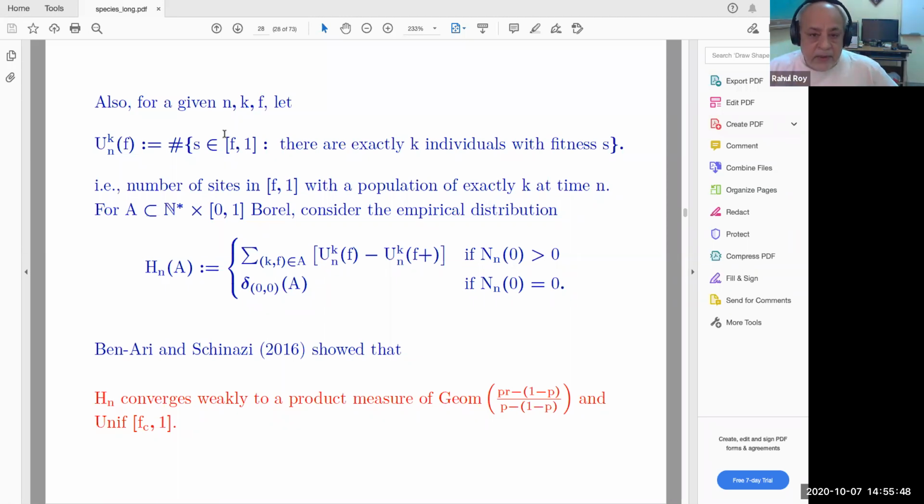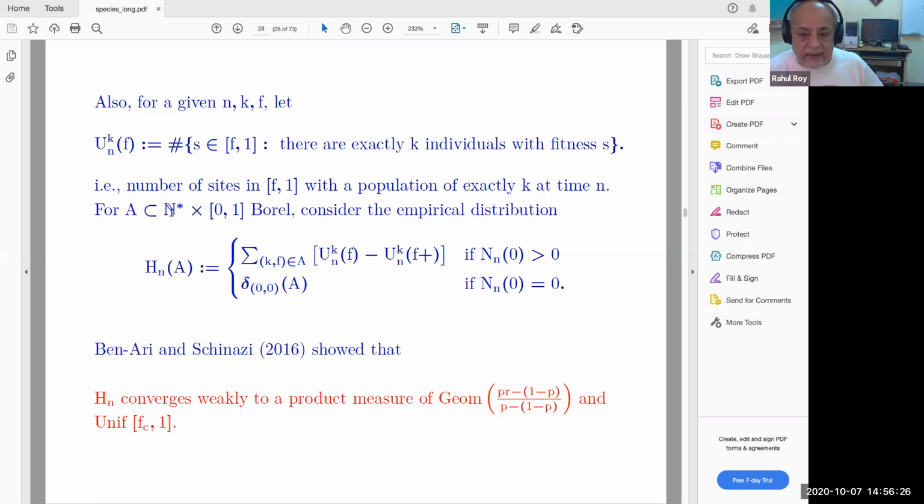But more importantly, what they have is that if you are given any n, k, and f, let u_k^n(f) be the number of sites at fitness at least f where there are exactly k individuals. Okay. So how many sites are there bigger than f where there are exactly k individuals? So yeah, that's what I've written: the number of sites in [f,1] with a population of exactly k at time n.